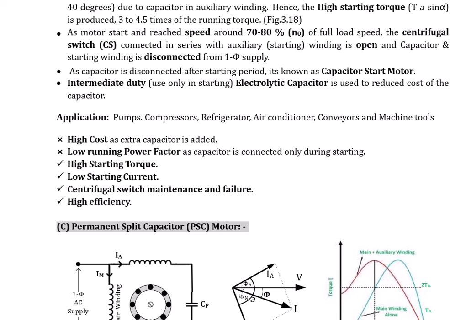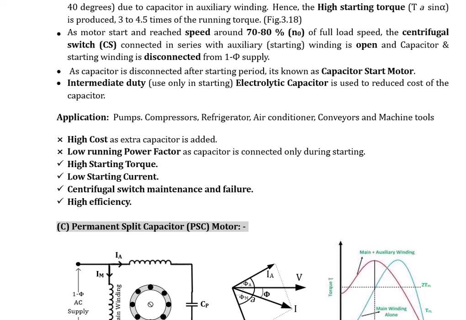It has a low running power factor, which is the most important disadvantage, so we have to remove it. Then we have many advantages of this motor: high starting torque, low starting current. Then we have one disadvantage, centrifugal switch maintenance and failure, and an advantage of high efficiency.